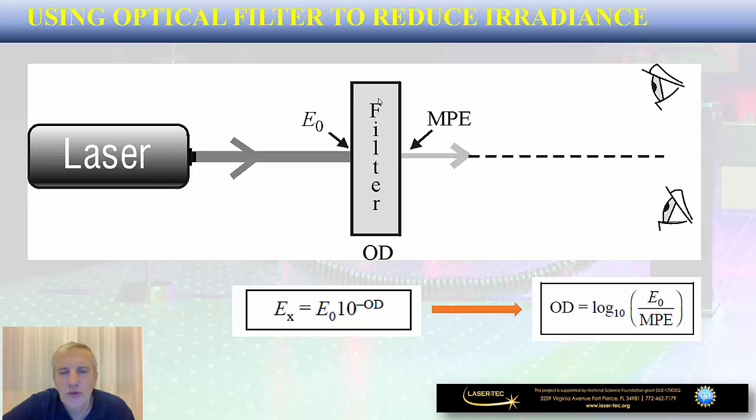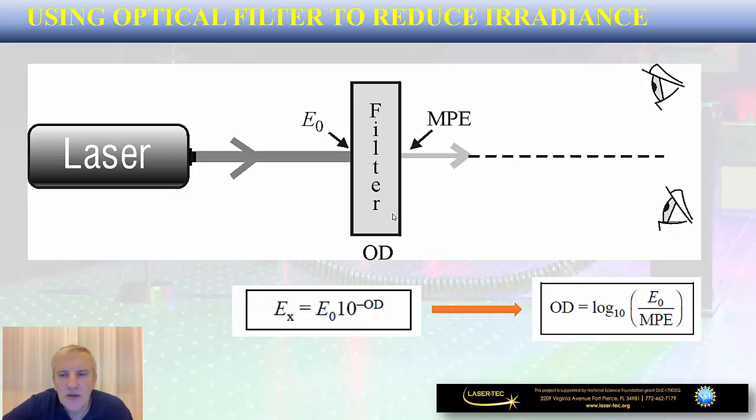You would want to select a specific type of laser safety protective eyewear with a specific OD number that is going to enable the reduction of the irradiance level from E sub 0 all the way down to below MPE, so that if you are looking into that laser beam with a bare eye, your eye is going to be protected by this personal protective equipment in the form of laser safety eyewear.